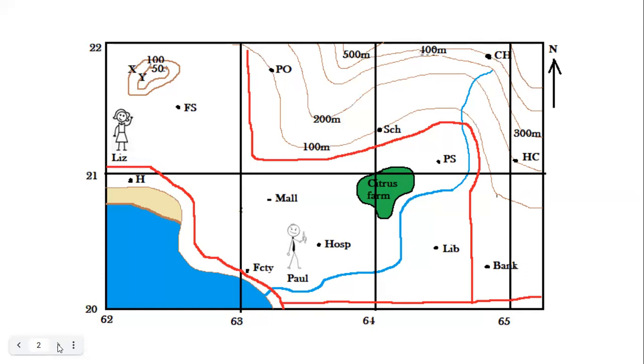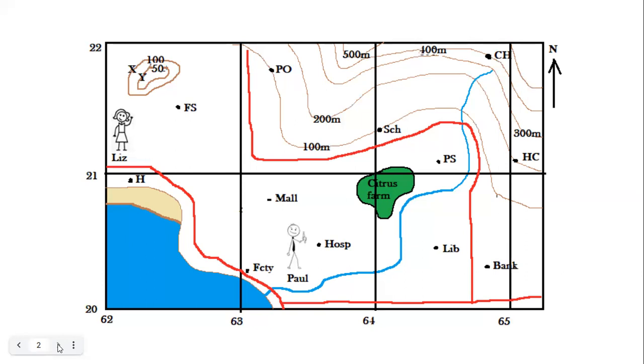Now, remember, we have to give the easting line and then the northing line. But which of the 2 easting lines will we give? Will it be the 62 or the 63? Which of the 2 northing lines will we give? Will it be the 21 or the 22?